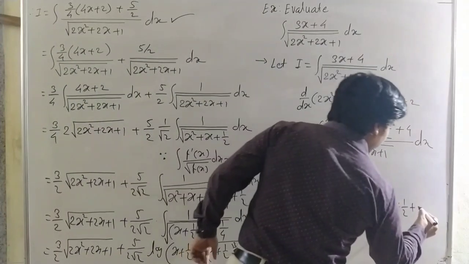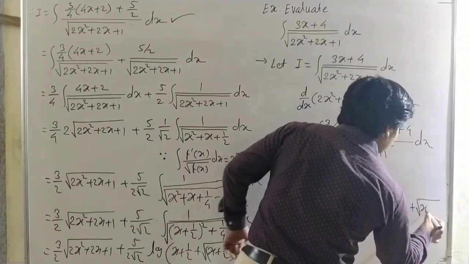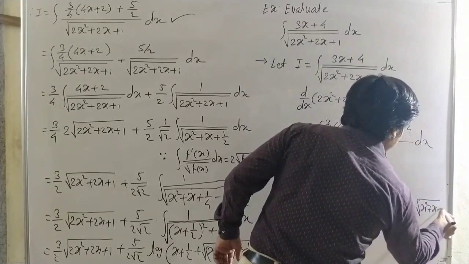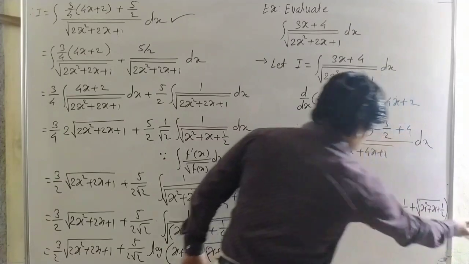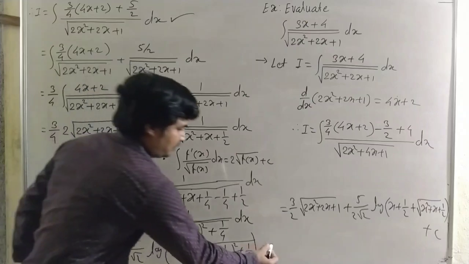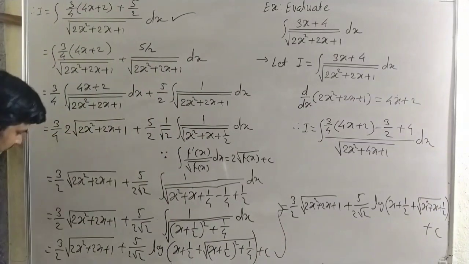Therefore we can write here under root of x square plus x plus 1 by 2, and plus c. It is the last answer of this. See carefully, check this.